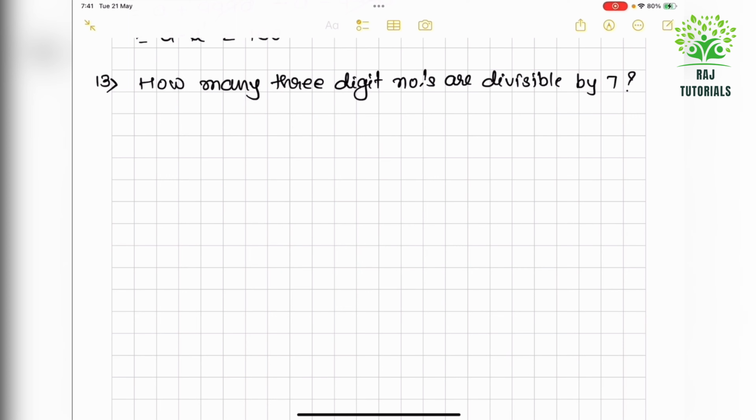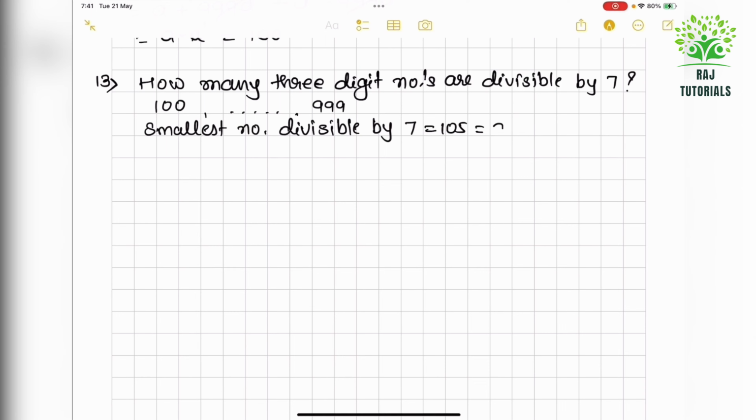See, now the 13th one is asking how many 3-digit numbers are divisible by 7. So if I see carefully, the smallest 3-digit number is 100 and the biggest will be 999. So the smallest number divisible by 7 will be 105.